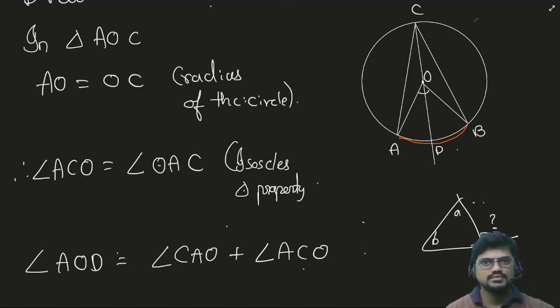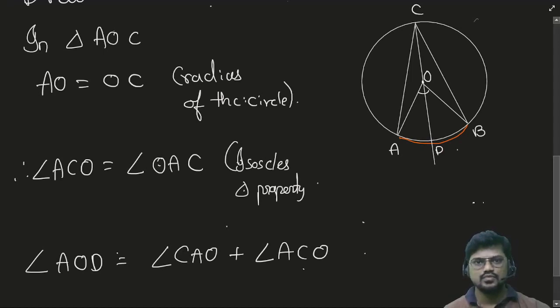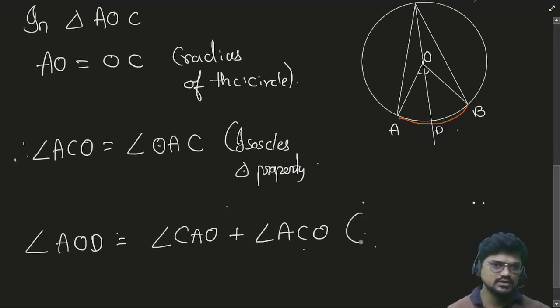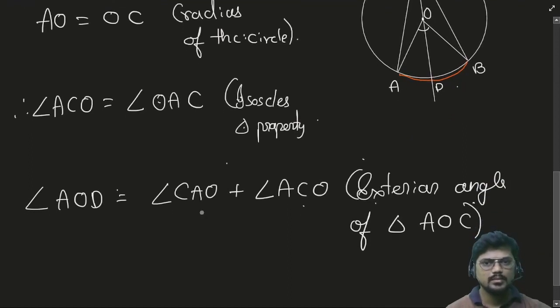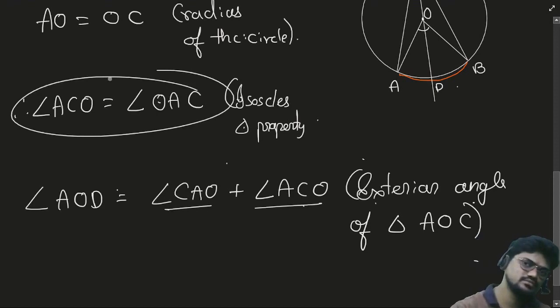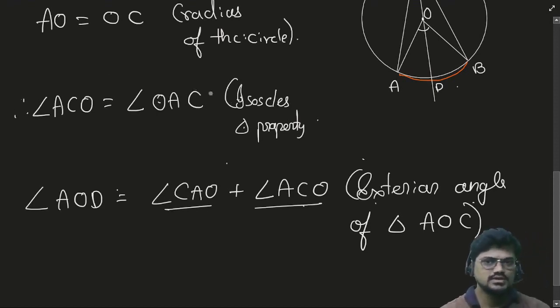Why? Because what would be the reason? The reason over here is the exterior angle of triangle AOC. But what I know is CAO and ACO both are equal.